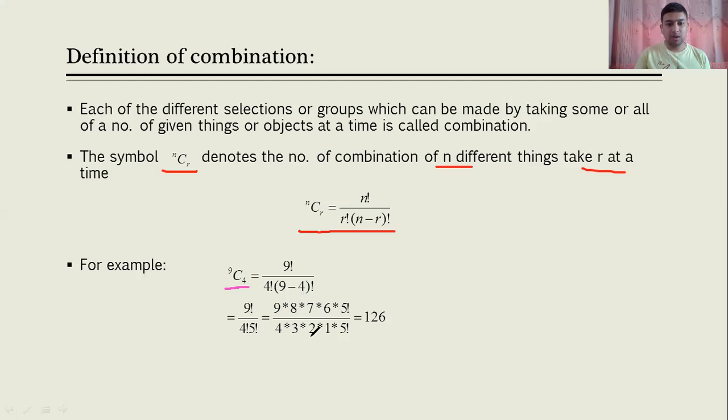It is 4 into 3 into 2 into 1 into this 5 factorial. So this 5 factorial will get cancelled out and you will have the answer 126. Okay, so this is how a combination nCr can be solved. Hope you have understood what is a combination and what is the value of nCr.